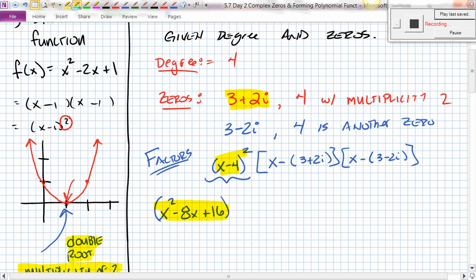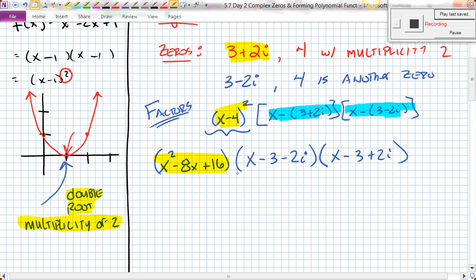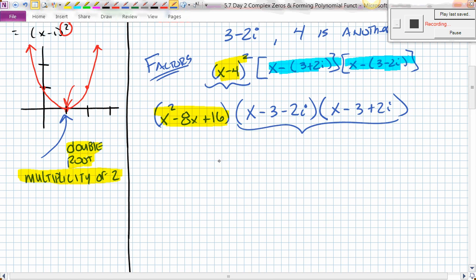Then I need to focus on these parts right here, these two blue things. So I'm going to rewrite those in a little bit easier form. That's going to be x minus 3 minus 2i, and I'm going to distribute that minus sign. And then x minus 3 plus 2i. Again, I'm going to distribute that minus sign. So what I need to do is multiply that thing together. And the way I'm going to choose to do that is by using a box.